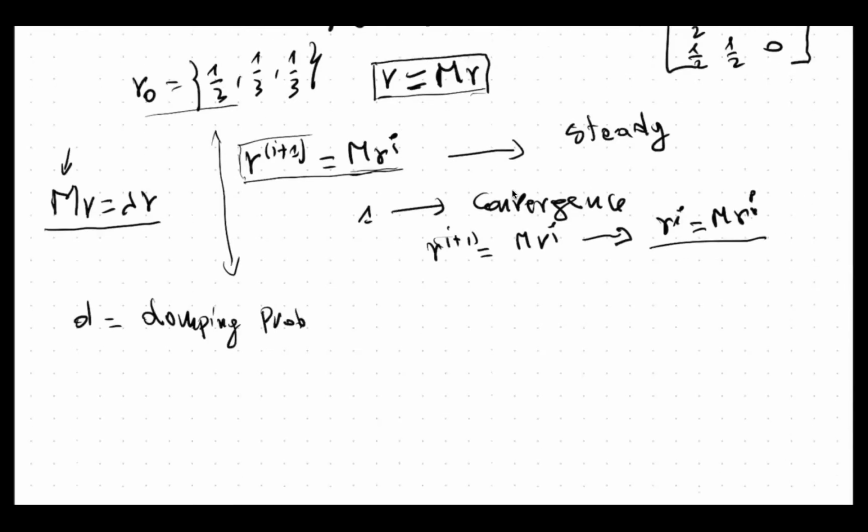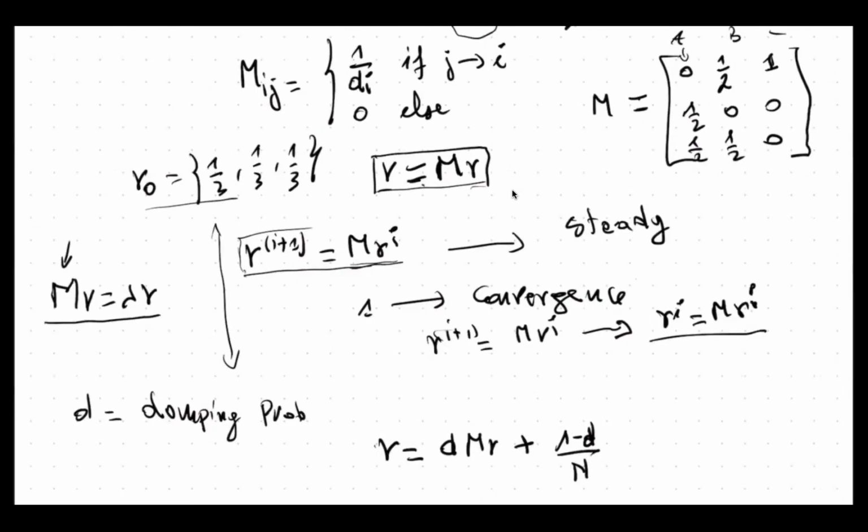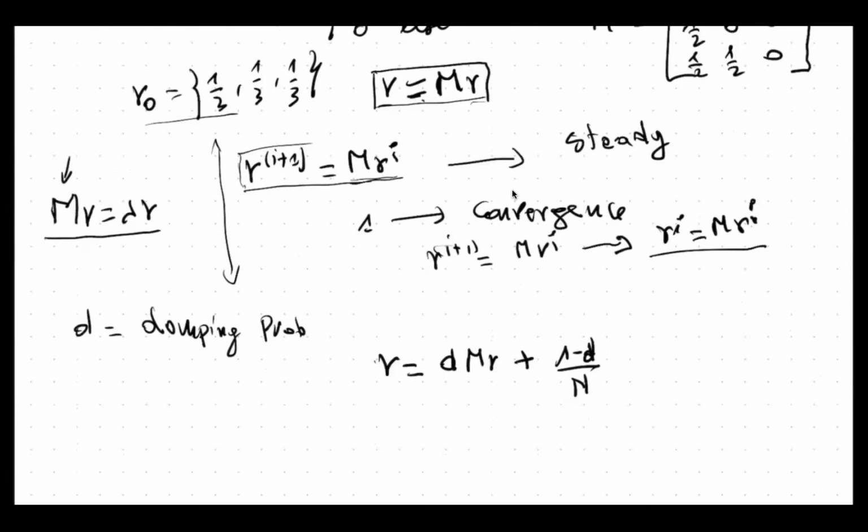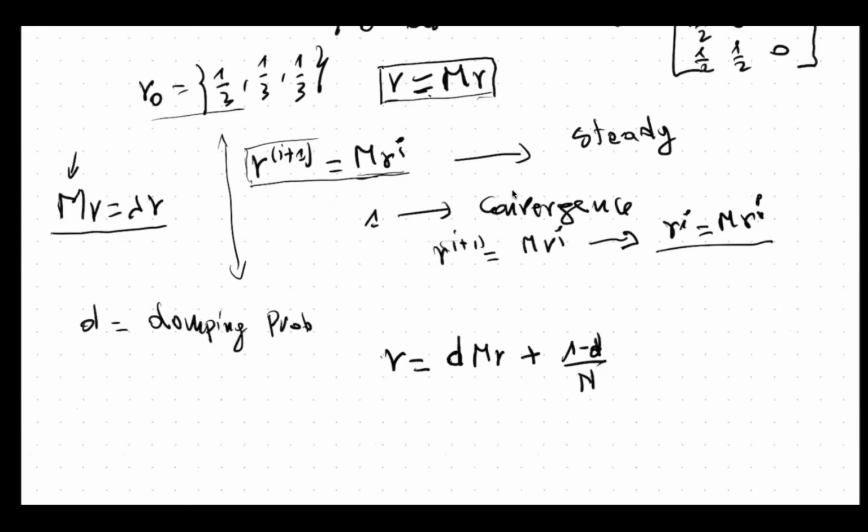Then they change this formula and write it as R equal to G times M R, plus (1 minus G) divided by N. So the new matrix that you get from the adjacency matrix will be a kind of complete matrix where you have a probability that you can jump from one node to any other node. That will depend on the damping factor G.